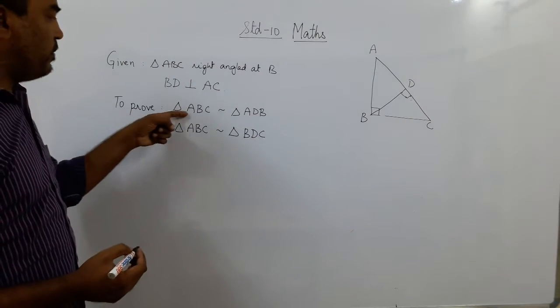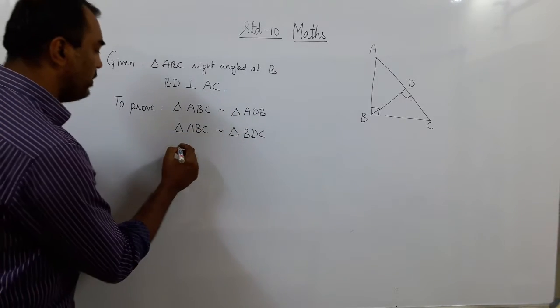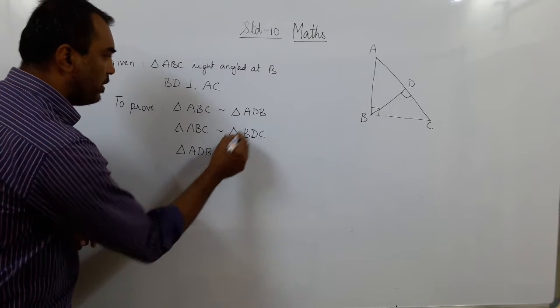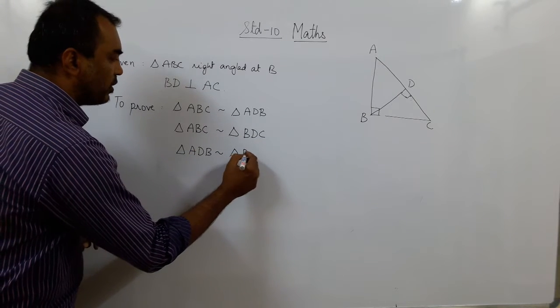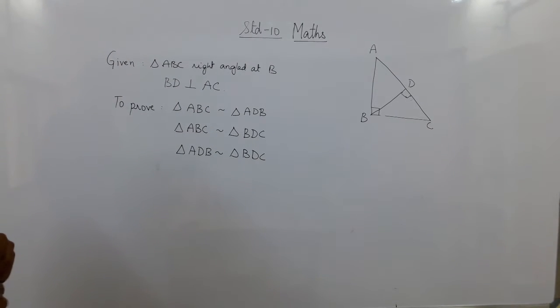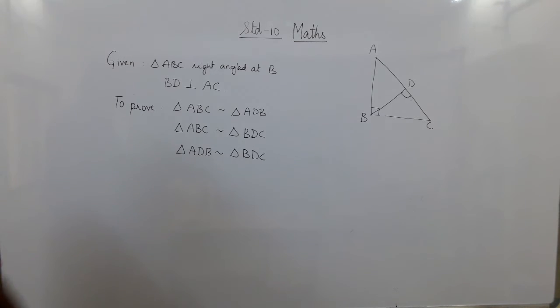And if ABC is similar to ADB and ABC is similar to BDC, then automatically ADB will be similar to BDC. Okay? So if I prove this and this, automatically this will be the result.